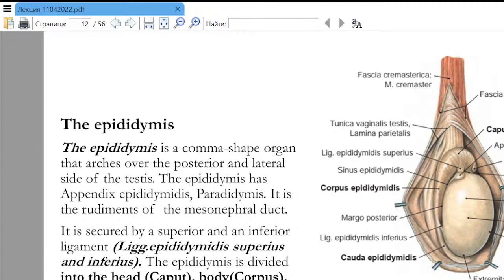The epididymis is divided into head, caput epididymidis, body, corpus epididymidis, and tail, cauda epididymidis.